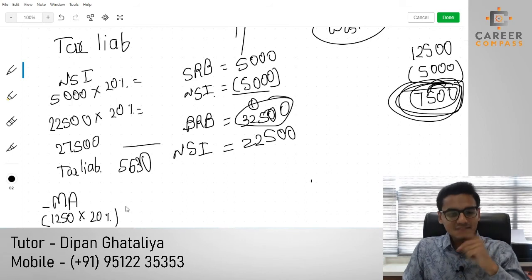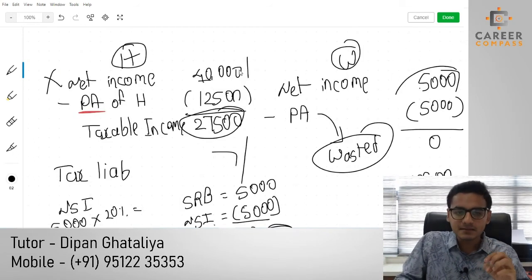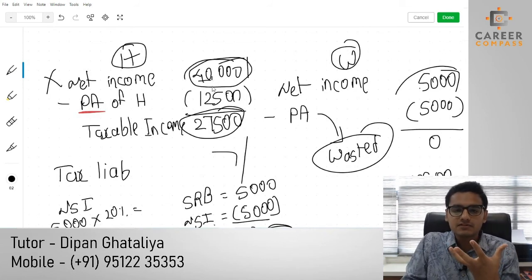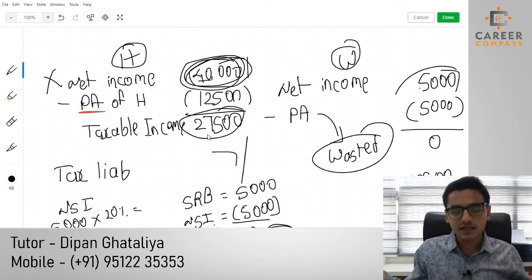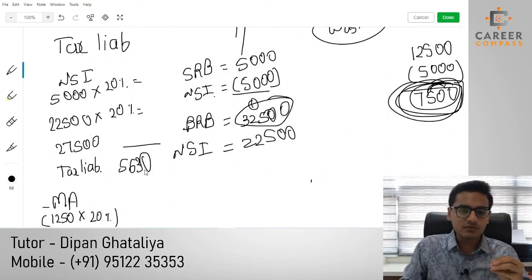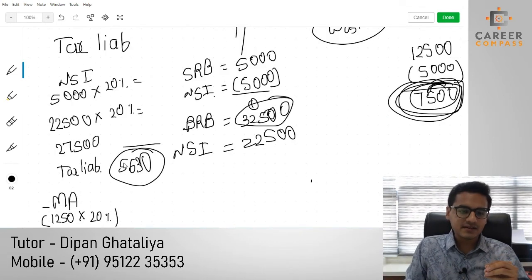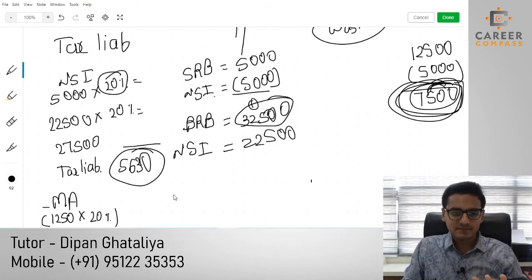See, 1250 can only be deducted from our incomes. If HMRC had allowed me to deduct 1250 from this 40,000, then I would be happy to deduct 1250. But now they are allowing us to deduct the amount from our tax liability. So the tax liability is at 20%.